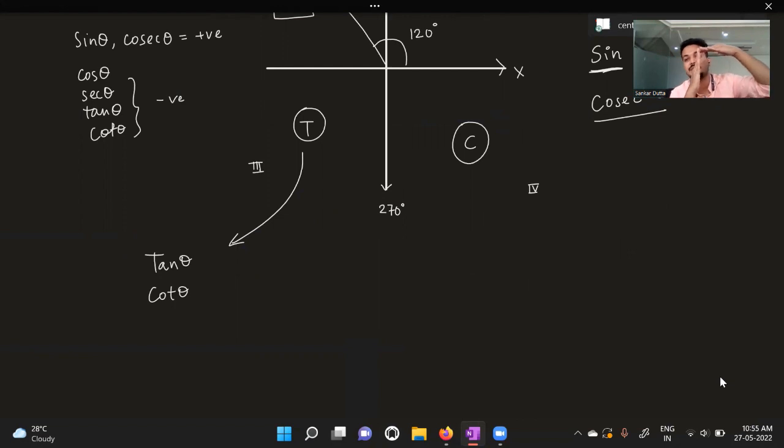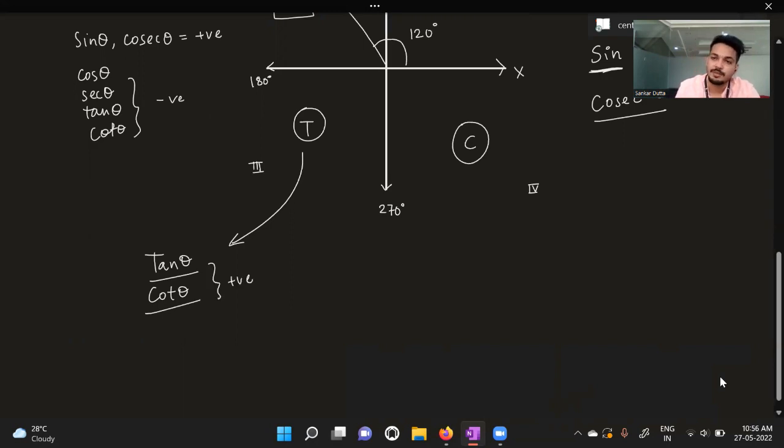I know that this angle is 180 degree. The negative x-axis is making 180 degree with the positive x-axis. So if your angle is between 180 degree and 270 degree, then tan theta and cot theta will be positive, but the rest of the signs will be what? It will be negative.